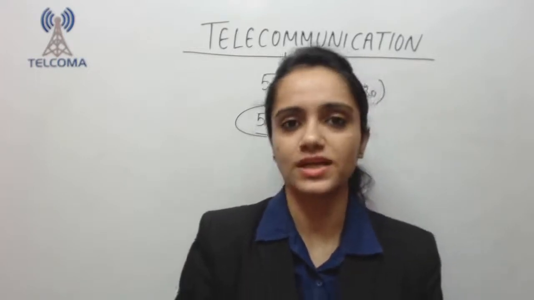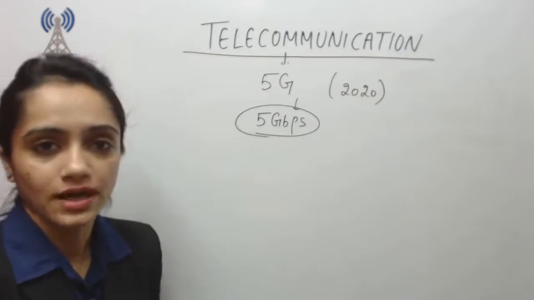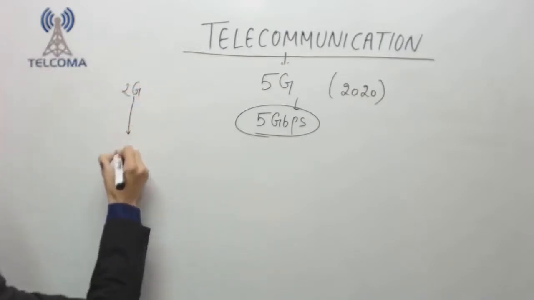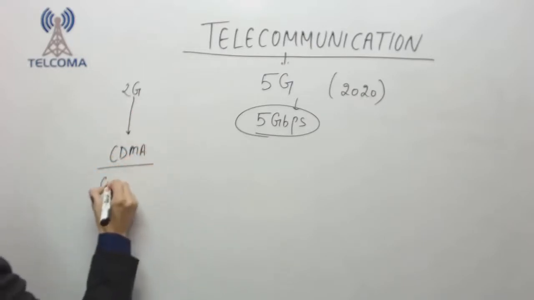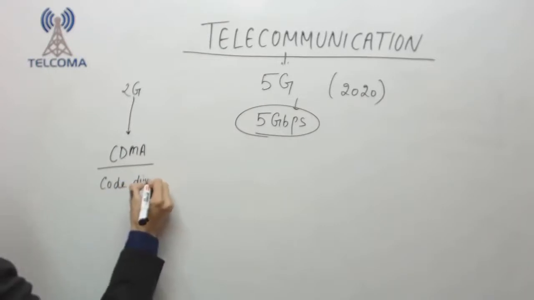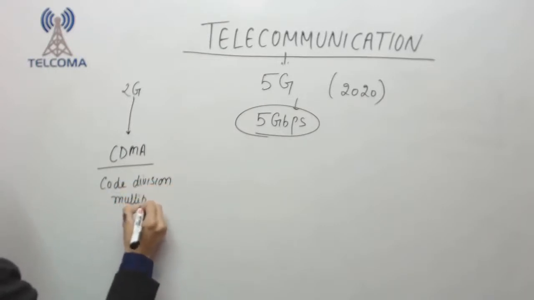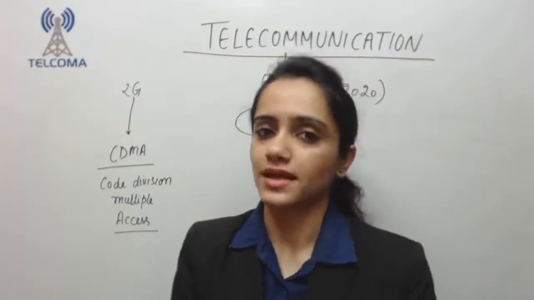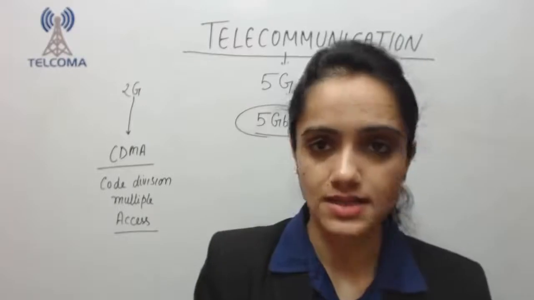So this is about the introduction of the telecom technologies which we have. Now parallelly, in 2nd generation, we have another technology also, which is CDMA, Code Division Multiple Access. This CDMA is provided by Qualcomm. They have their own patent of the CDMA technology. This technology is prominent in some countries like the US.